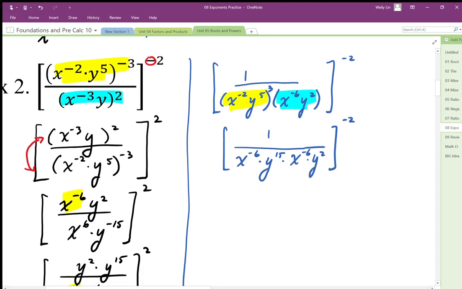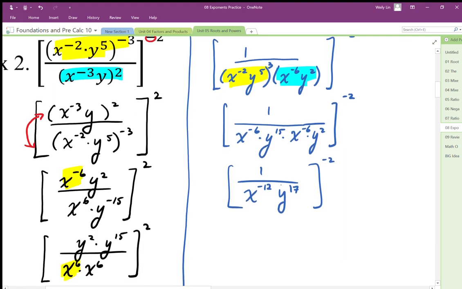Okay, so I'm going to continue with my inside. I'm going to group my x's together. I'm going to end up with x to the negative 12, y to the positive 17. I can apply my power in now. This is a negative power to a negative power, or divide in the divide.